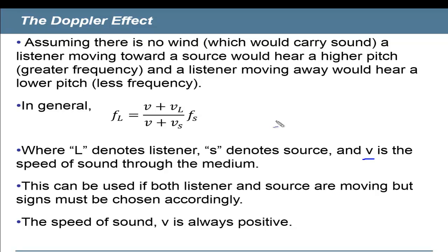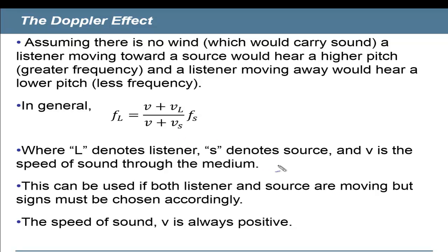So this can be used if both the listener and the source are moving, or one is moving and not the other, but we have to choose the signs accordingly. If the listener is moving to the right, we'll call it a positive velocity. If the source is moving to the right, we'll call that a positive velocity as well. And if they're moving to the left, then they would be negative quantities.